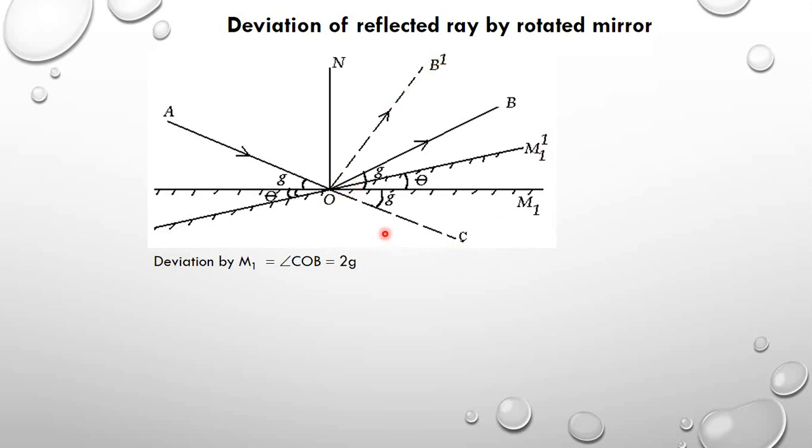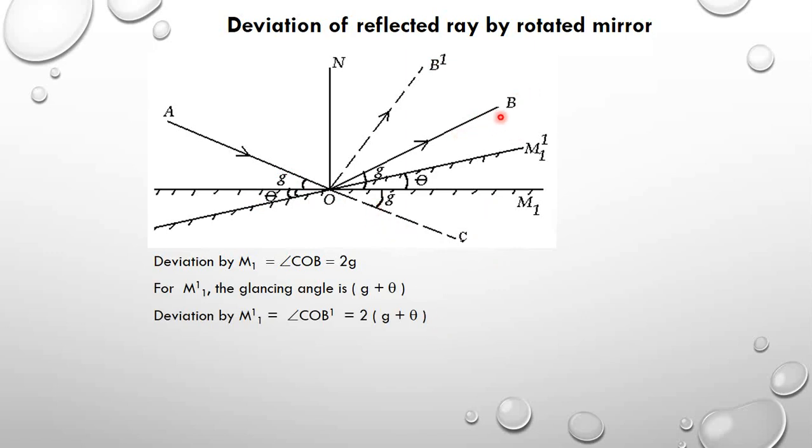Therefore its glancing angle is going to be G plus theta, and therefore the deviation is going to be COB prime, which is twice (G plus theta).